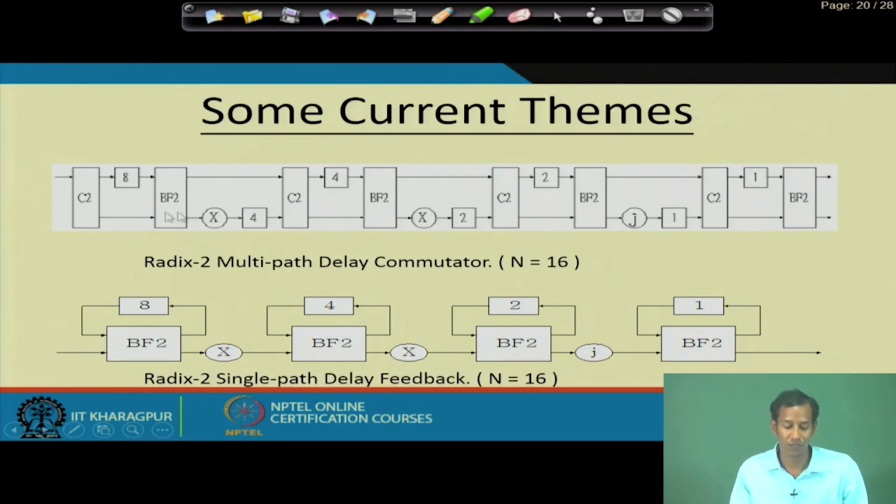Here you see we have the coefficient storage, then the butterfly units. This is a fully parallel implementation, not serial, and its usefulness is that we can use the pipeline technique here.